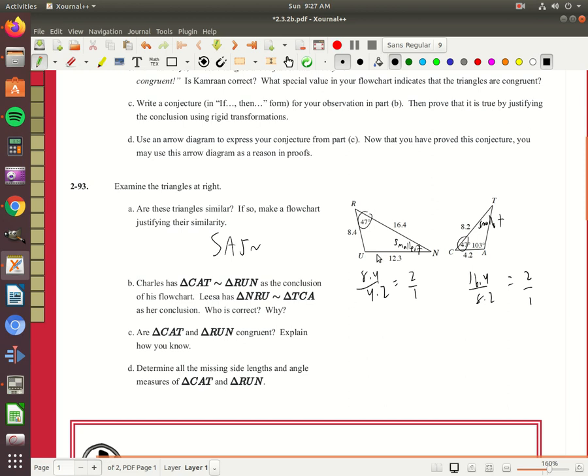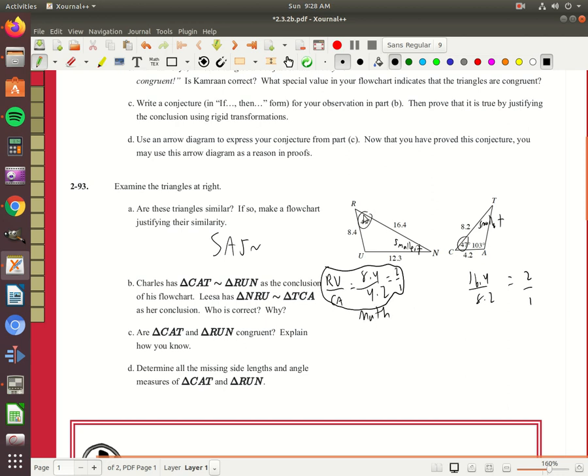So I'm going to go ahead and see if I can squeeze this in and finish this one. As a matter of fact, I can tighten this up here and maybe do a little bit. So first of all, I know that RU, side RU, is going to match up with side CA, and I'm going to get that scale factor of 2 over 1 because I did math.